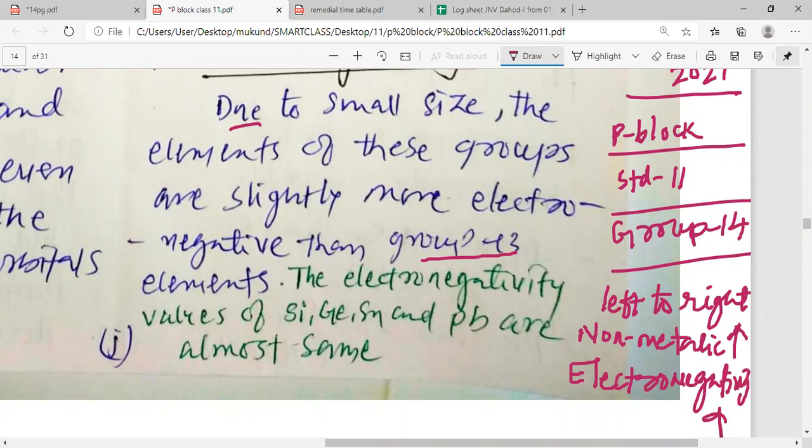And thus, if you go from group 13 to 14, due to small size, the elements of this group are slightly more electronegative than group 13 elements. This is quite simple to understand.